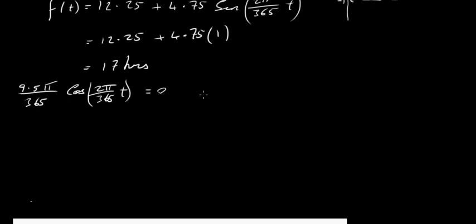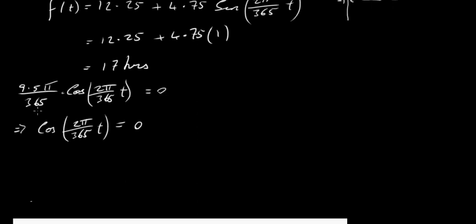So first thing I'm going to do is work out what t is. This part is multiplied by cos, so I'm going to divide both sides by this, and that will give me cos 2 pi over 365t is equal to 0 divided by this, which is just going to be 0. Okay, so that's it. Our function is going to be at a maximum when this is equal to 0.